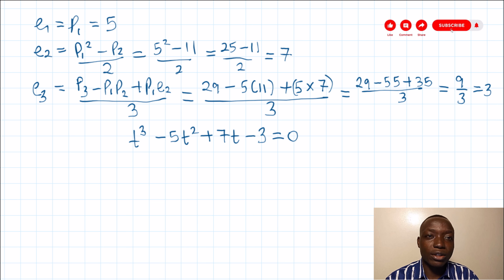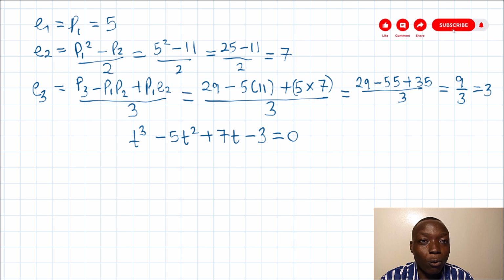Most times in these questions, the aim is for you to solve it, not to punish you, so you usually get the first solution within the first few tests that you make. So 1 works, which means t equal to 1 is one of the solutions we're looking for, and that also means that t minus 1 is a factor.